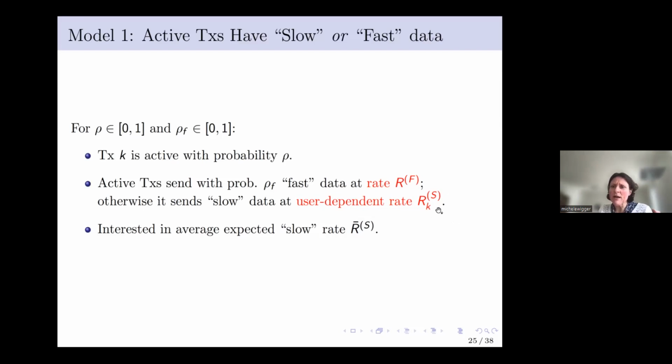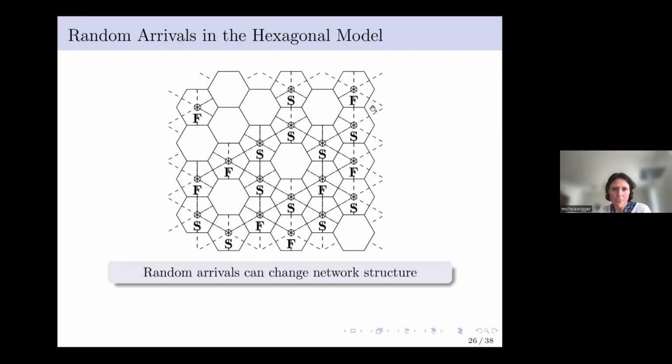In contrast, we're allowed to adjust a bit the rate of the slow messages, because usually this is also less critical. We're going to be interested in this R_F and the simultaneously achievable expected average slow rate that we can have.